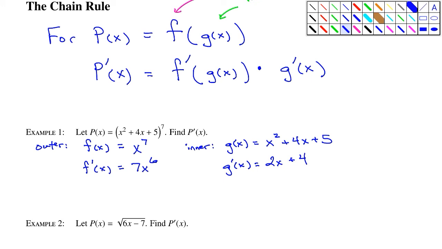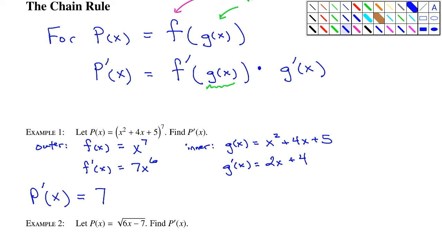Now we put this together, and p prime of x is equal to the derivative of the outer function, which is 7x to the 6th. But we're not going to write the x. We're not evaluating the derivative of the outer function at x. We're evaluating it at the original inside function, the g.